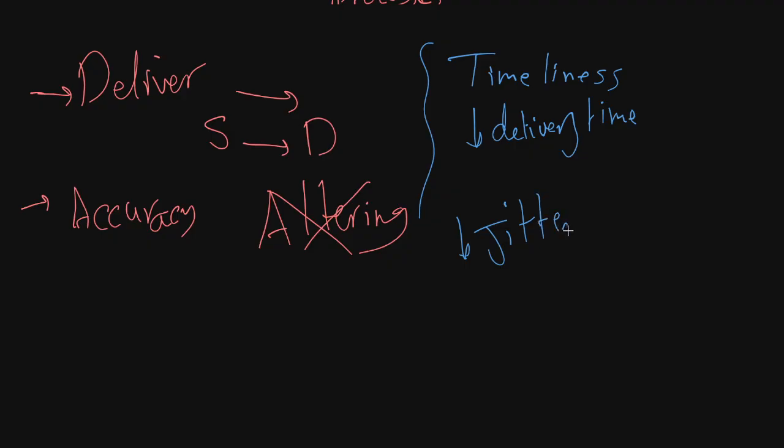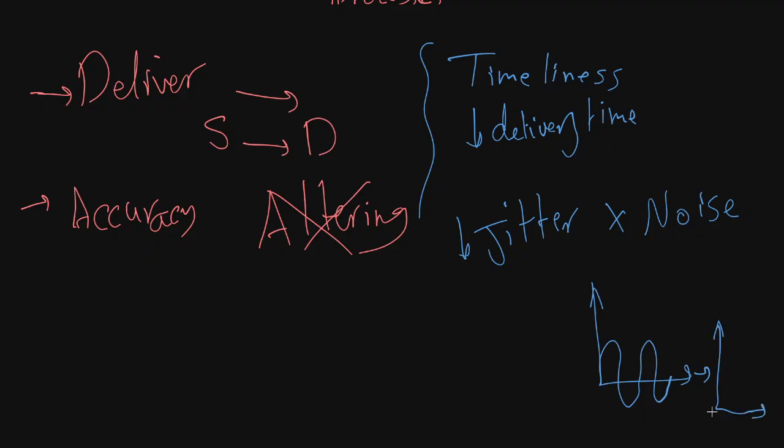There is a difference between the jitter and the noise. Let's say this is my voice signal. Having noise, the signal becomes distorted, shaky, destroyed. This is noise.